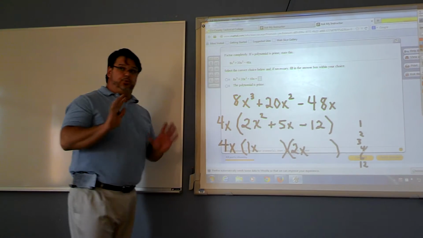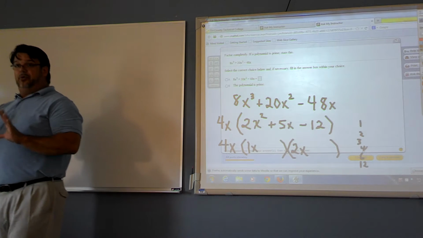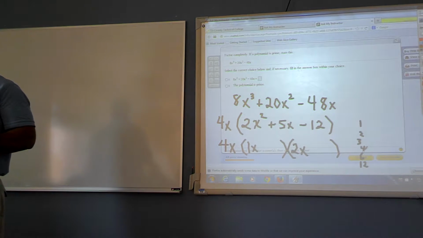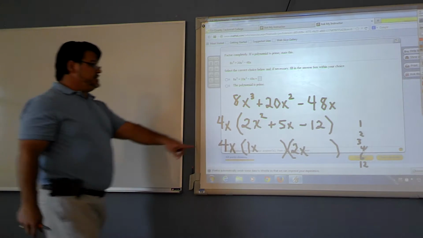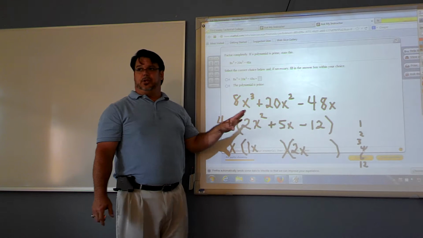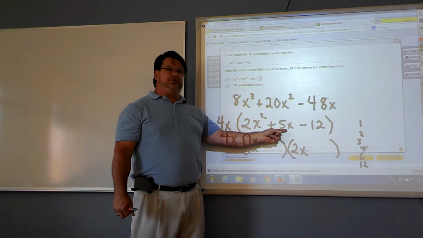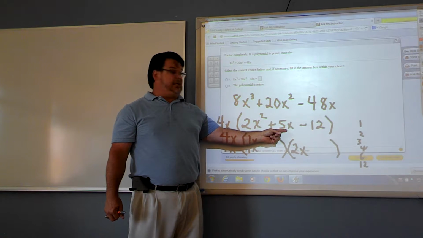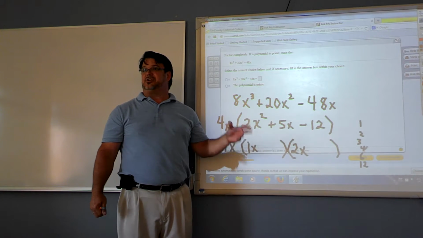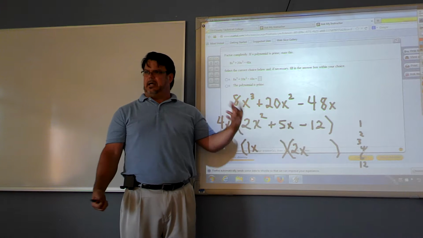As a general rule, this is not all the time, but usually I start with the middle 2 numbers. Especially if this is a number that's in relation to these and these, this one and this one. In other words, if I had 102 here, then I might wanna go with the 12, because the 12 times another number is gonna make a bigger number than the 3 times another number.